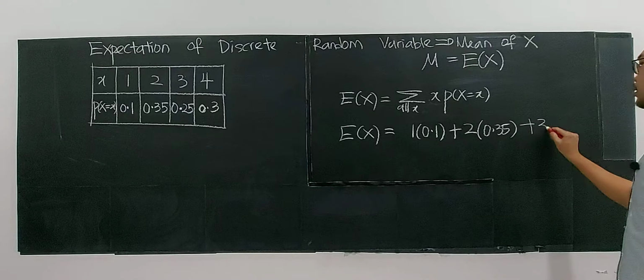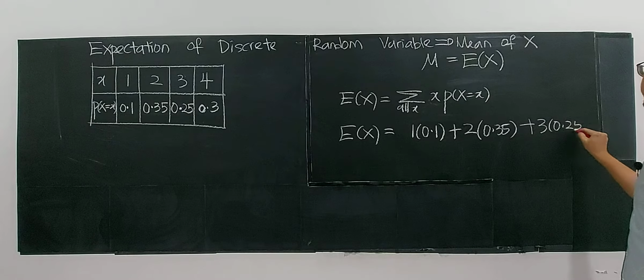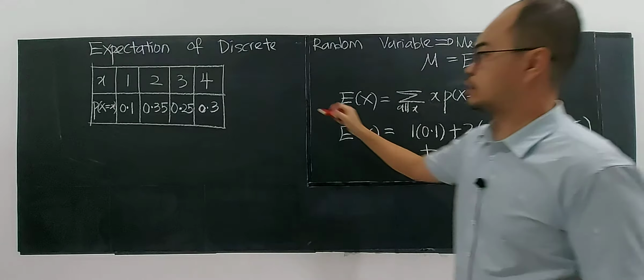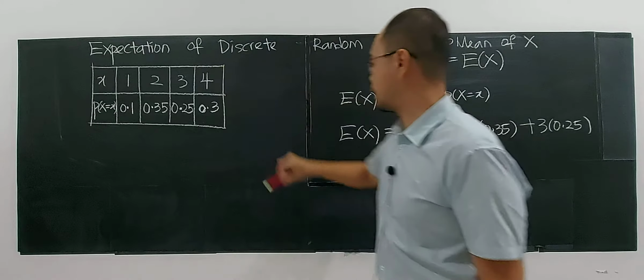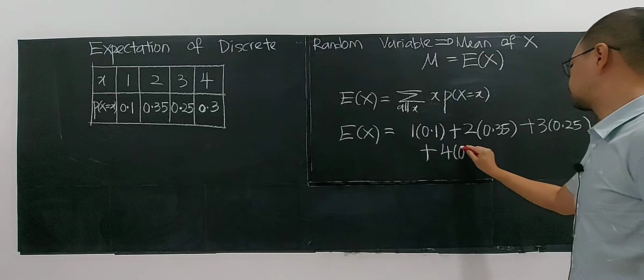Keep on adding until the end. The last one will be plus 4 multiplied with 0.3.